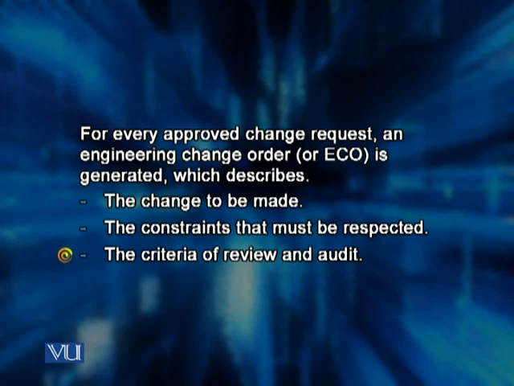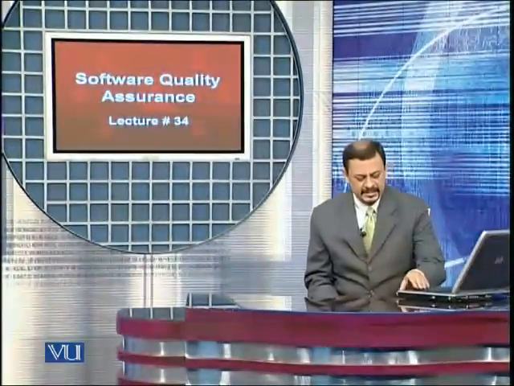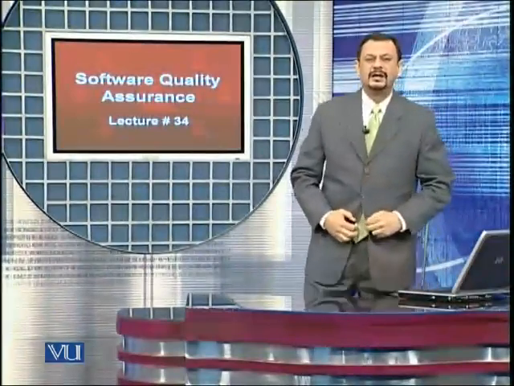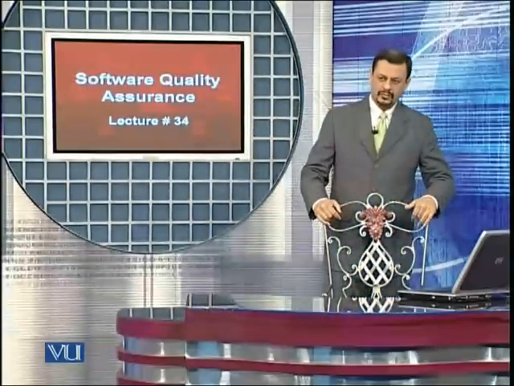So the change control board, when it approves a change, also provides the constraints and the criteria for review and audit. Now let's assume that a change has been approved.